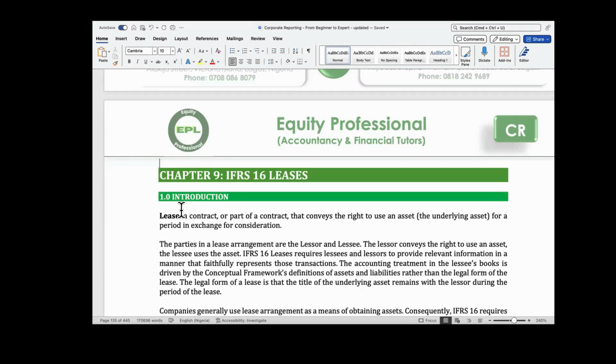And at the end of the year, the right of use asset would be depreciated over the lease term. And we solved some questions last week on lessee accounting.